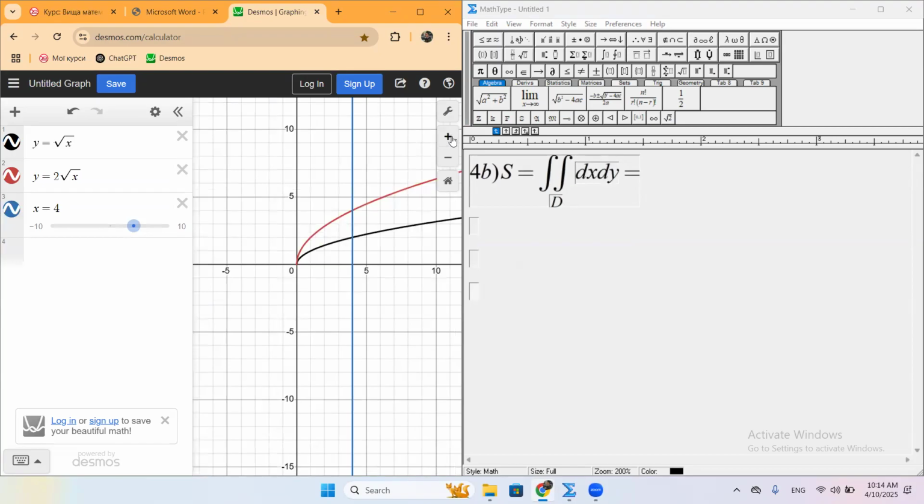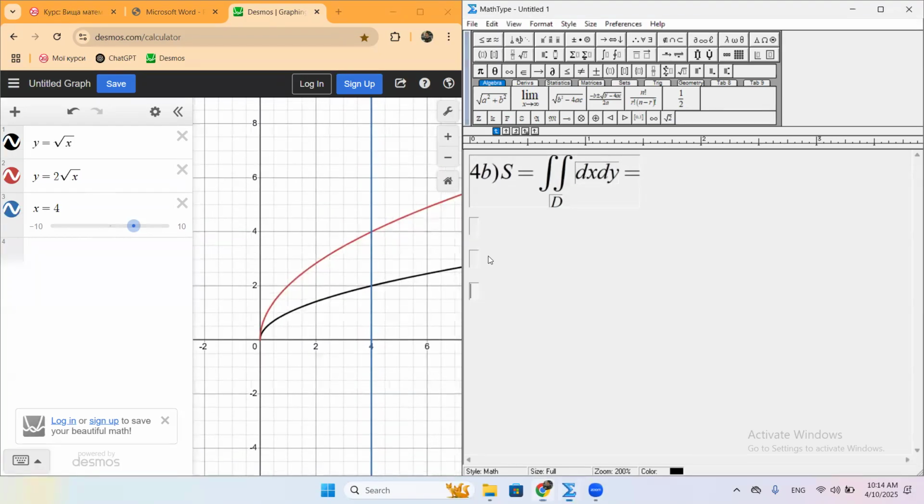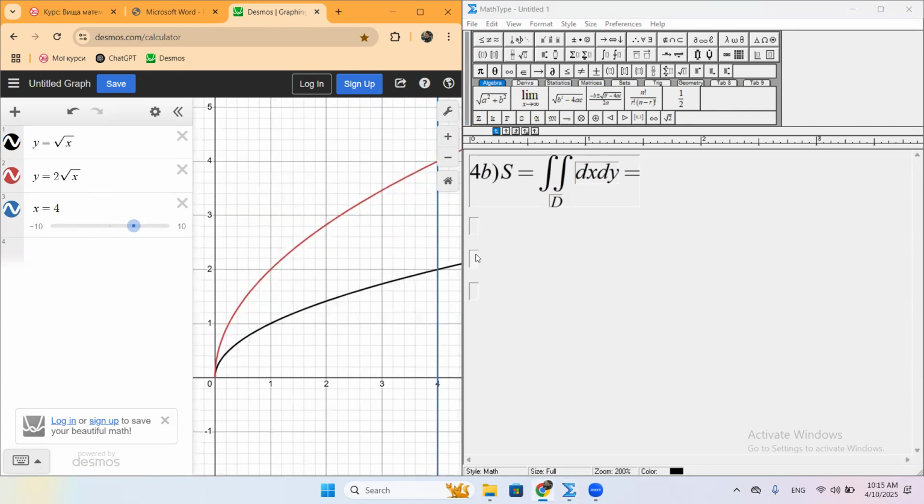So the following integral. Let's determine the bounds of integration, limits of integration. So for x from 0 to 4, as we see from the condition and from the plot. And what about y?